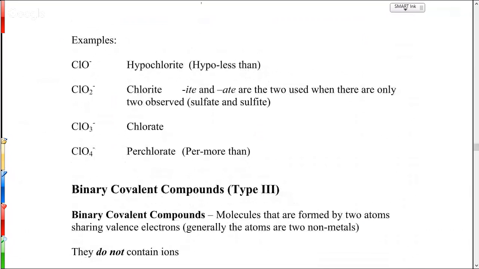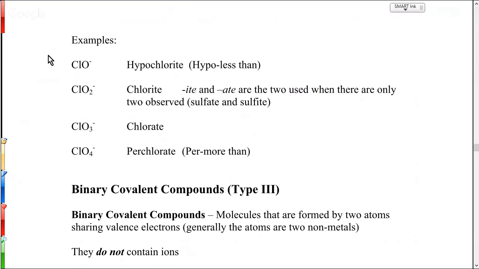Okay. So first of all, one way that we can help you memorize all those polyatomic ions, the oxoanions, the ones with oxygen, often go in this order: hypo-ite, then ite, and then ate, and then per-ate. So you've got that for chlorates, you've got that for bromates, iodates.